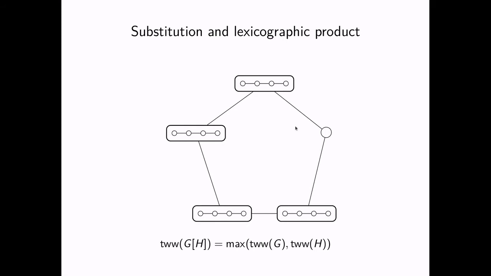So you will have at most the twin width of your modules. And once you're done with contracting the modules, you have the host graph that you can contract. So all those graphs that appear in the modules and the host graph, you take the maximum twin width of all those things, and this is the twin width of the entire graph.